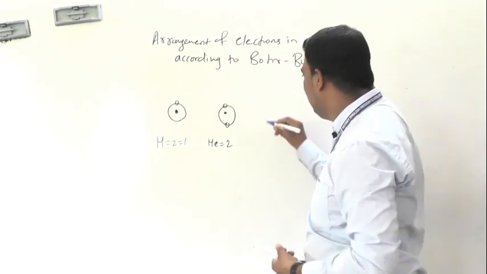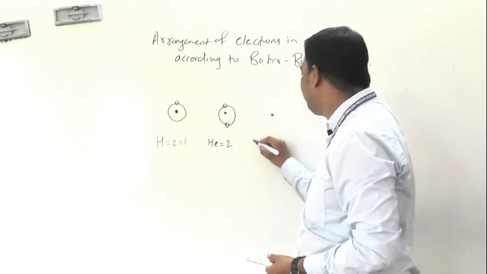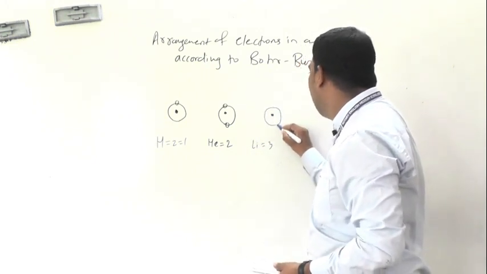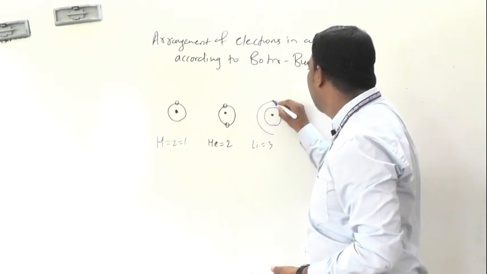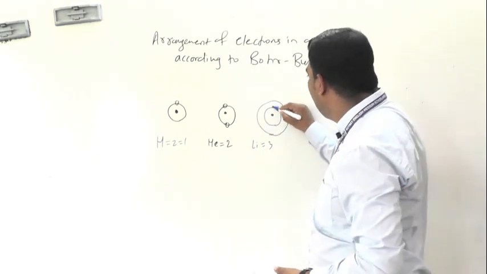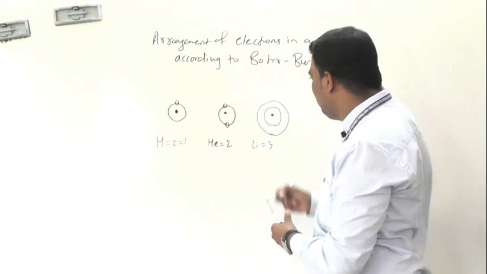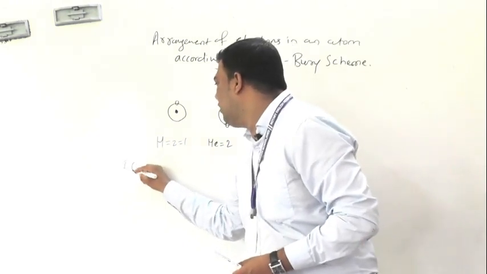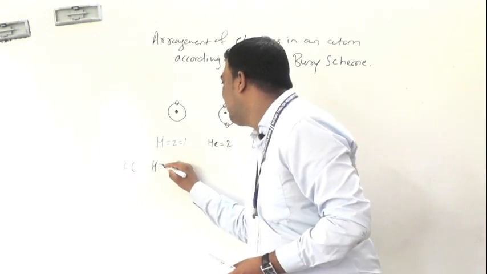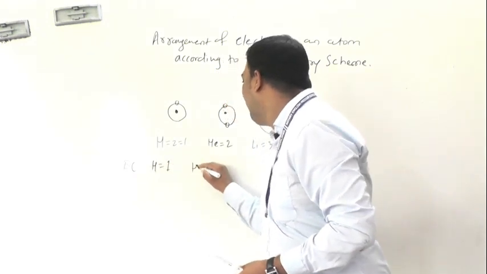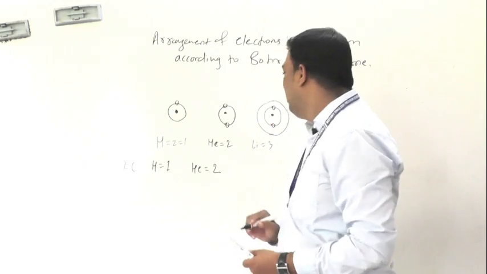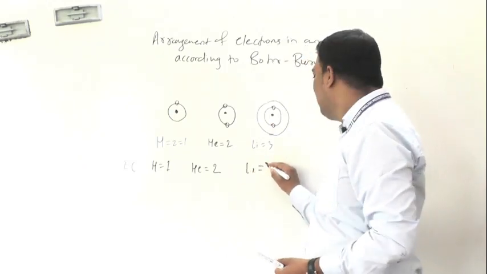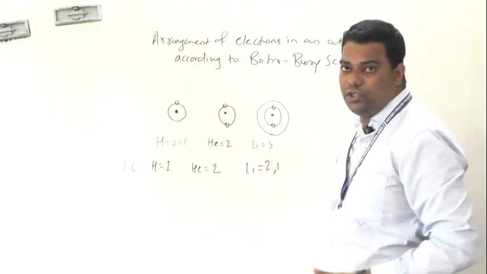Third one, Li, atomic number 3. First shell gets 2 electrons, then we need a second shell also. So the electronic configuration for hydrogen is 1, for helium 2, and for lithium it is 2, 1. Understood?